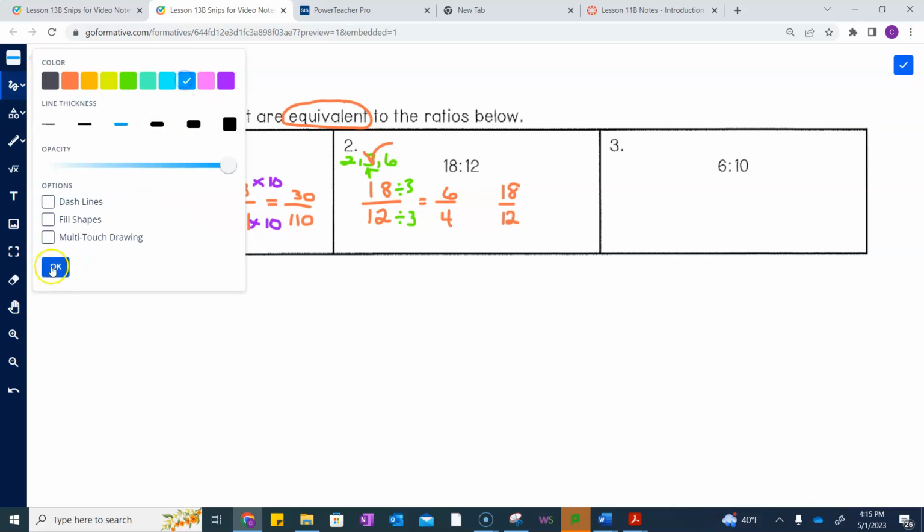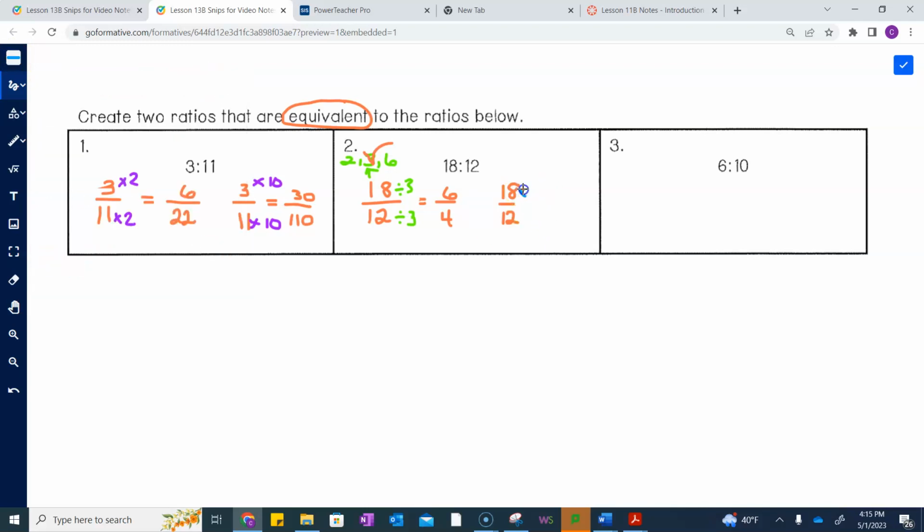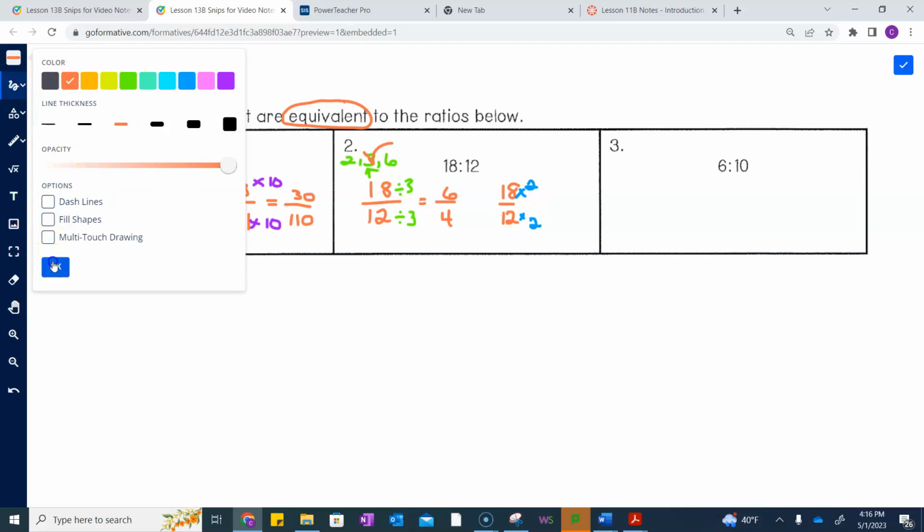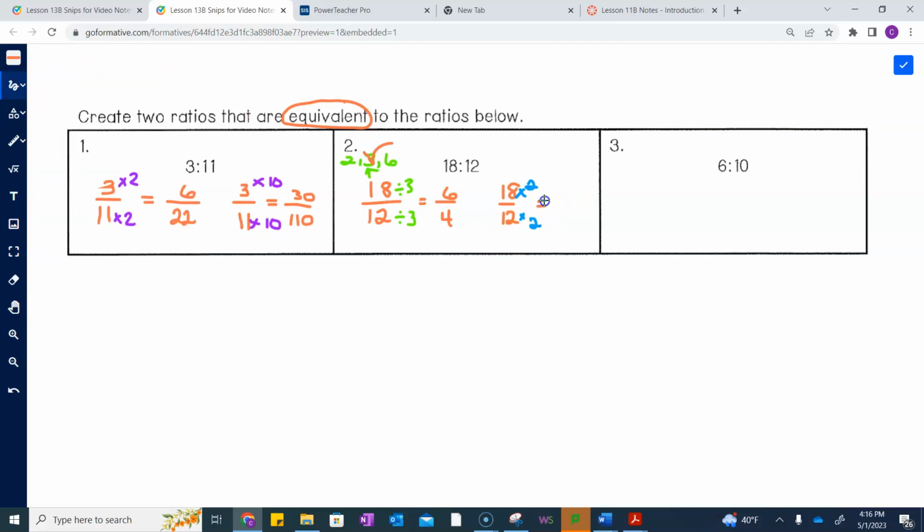I am going to multiply the top and the bottom by 2. 18 times 2 is 36, and 12 times 2 is 24. So I've created an equivalent fraction too. 6/4 is equivalent to 18/12, and 36/24 is equivalent to 18/12, and these two are also equivalent.